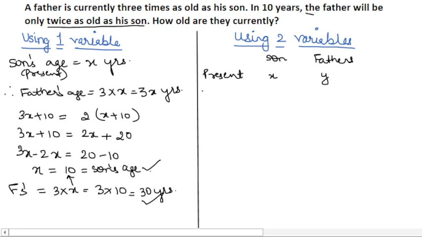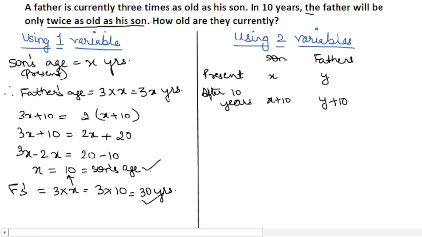The age after 10 years: we will add 10 years to both their ages. So the son's age is going to be x plus 10 and the father's age is also going to be y plus 10. After a span of 10 years, 10 years are added to their ages.